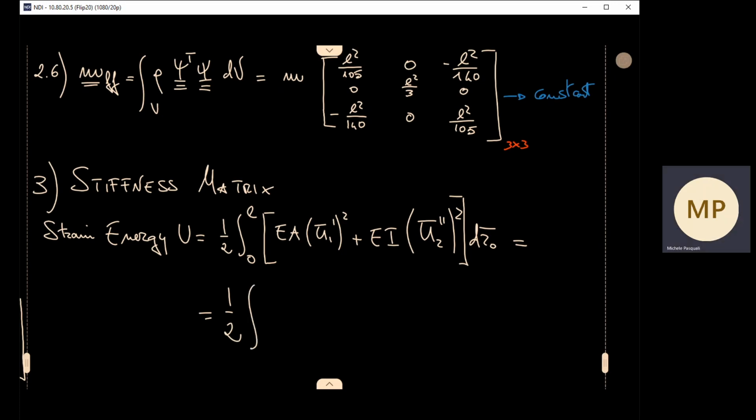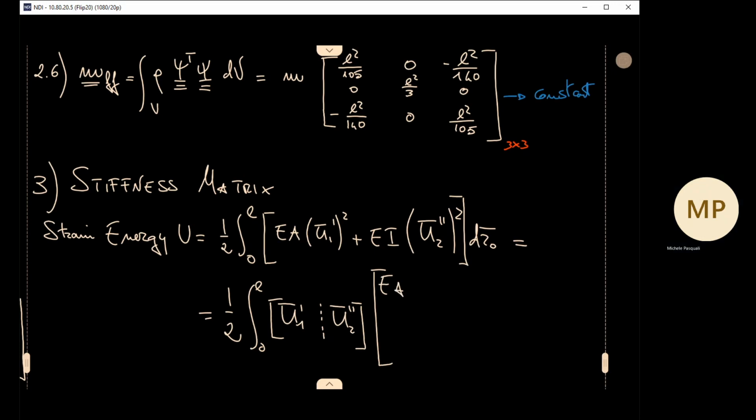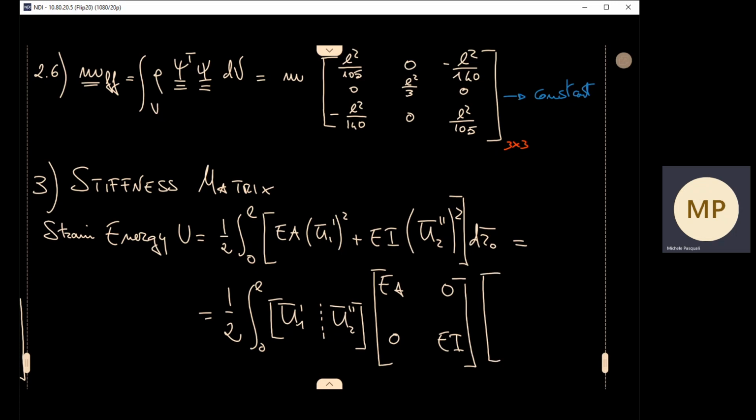So we perform this, and we get the following. If you do the calculation, you get integral from 0 to L. So this is basically a quadratic form that you can rewrite in such a way: U1 prime, U2 derived 2 times, applied over EA 0, 0, EI, and here you write U1 prime, U2 derived 2 times.